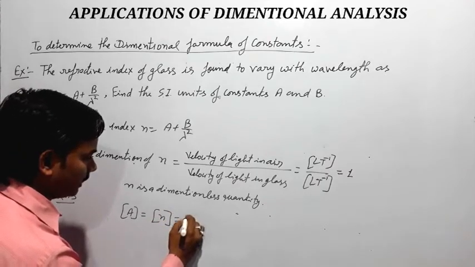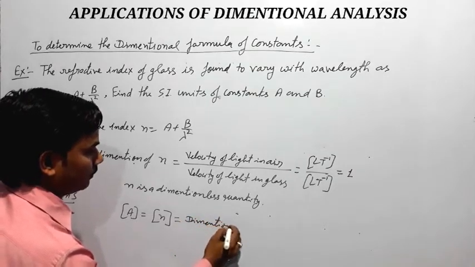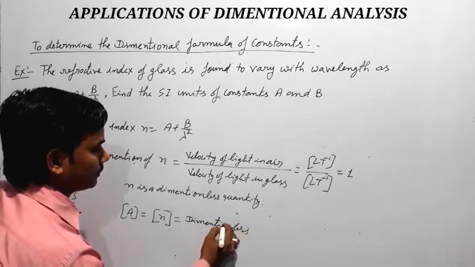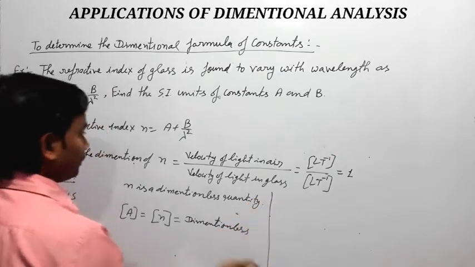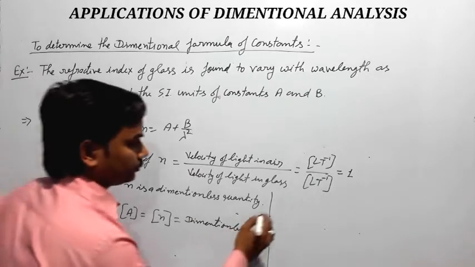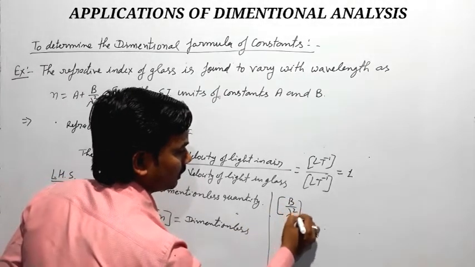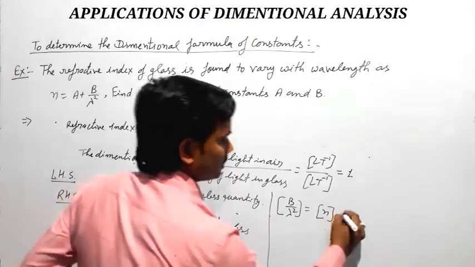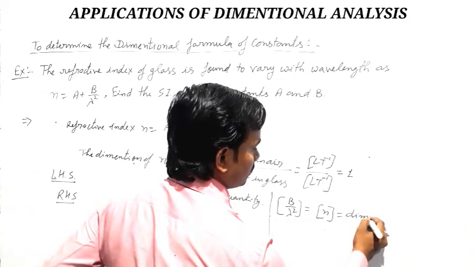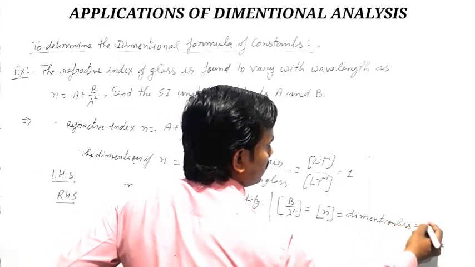So a will also be dimensionless. Now we have to calculate the dimension of b. We write the dimension of b upon λ² equals the dimension of n, which means dimensionless, or we can say 1.